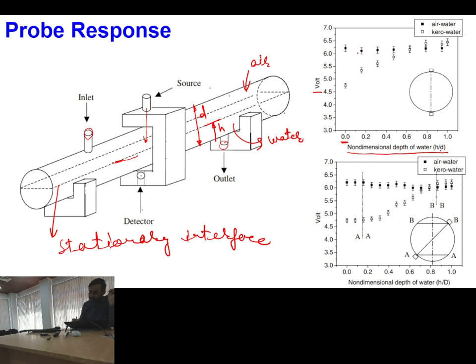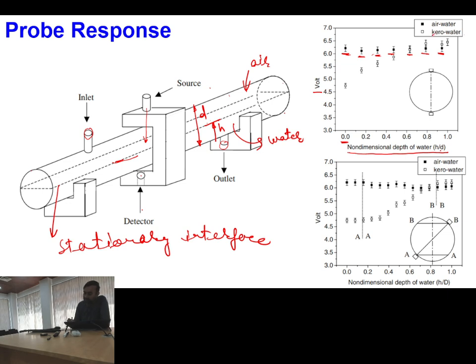Corresponding to this, you can see the values of the voltage signals, shown with error bars. Here you can see that in an air-water system, when light is coming, they have not observed any change in the signal for different heights of the interface.